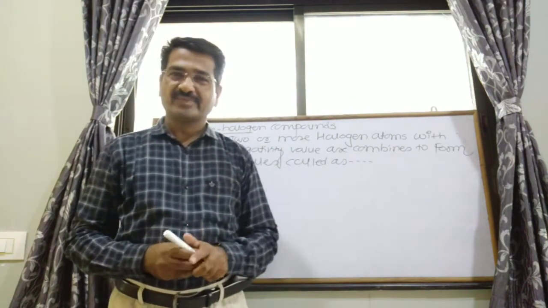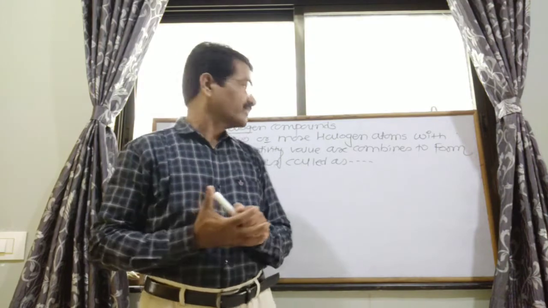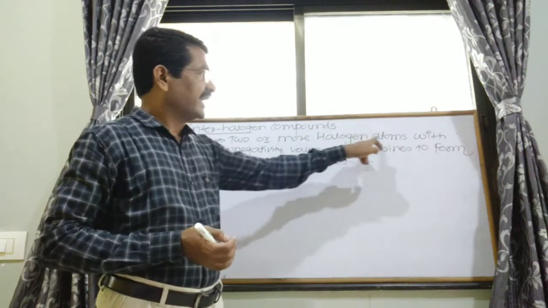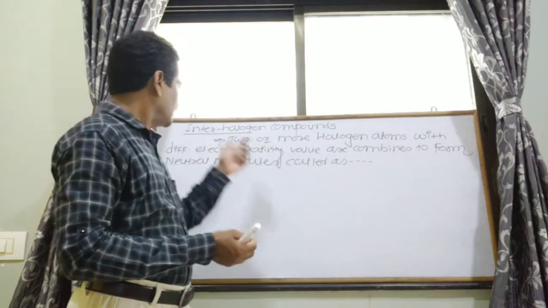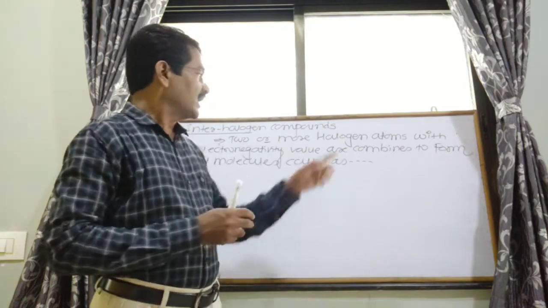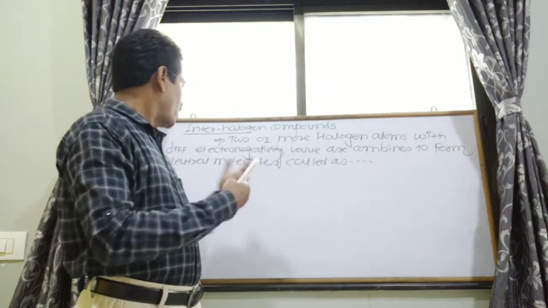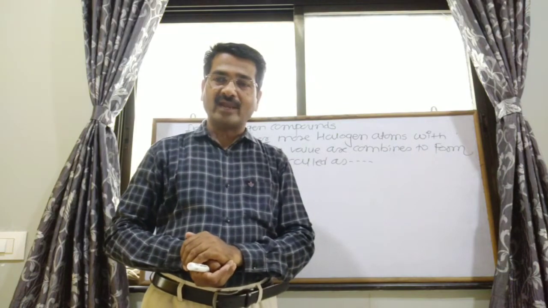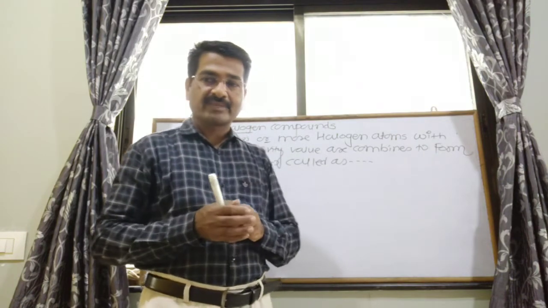See again, what about the interhalogen compounds? Two or more halogen atoms with different electronegativity values combine to form neutral molecules are called interhalogen compounds.